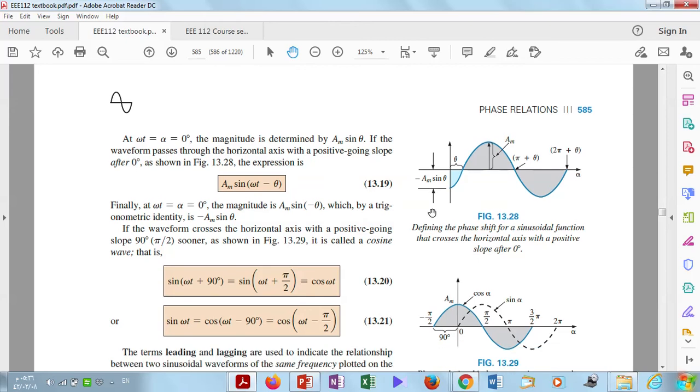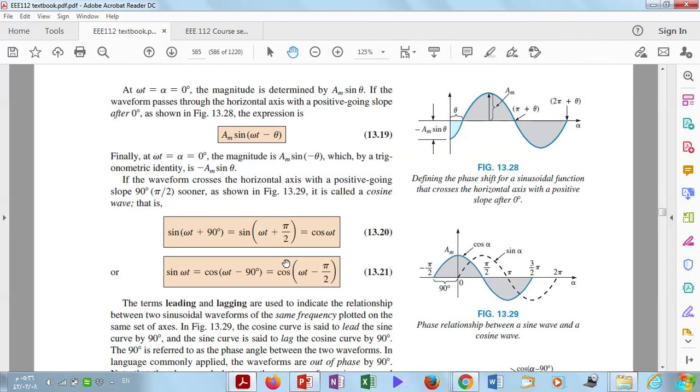At the end, shifted by pi, 2 pi plus theta, everything is shifted by theta. It starts from theta, 180 shifted by theta, 360 shifted by theta.